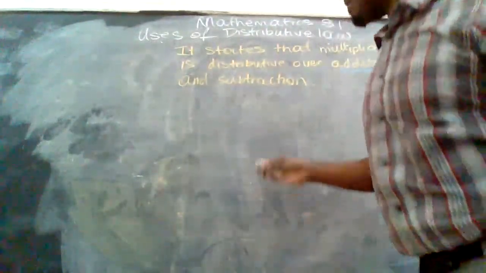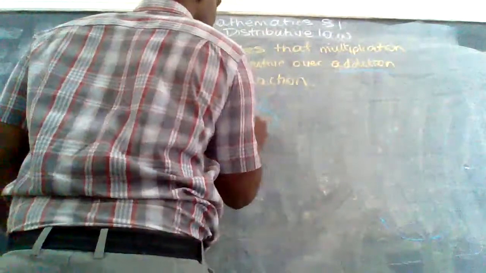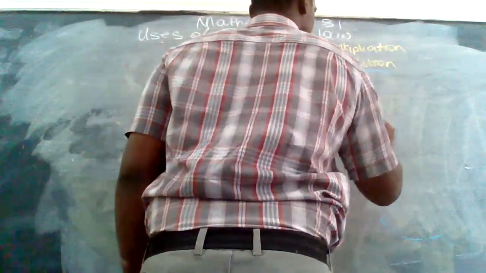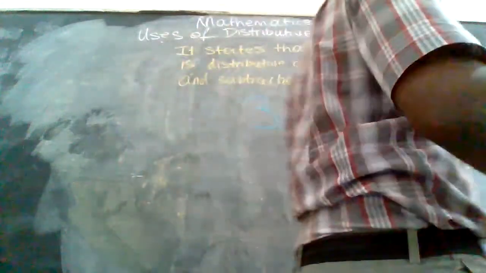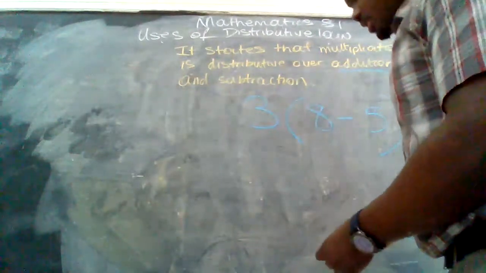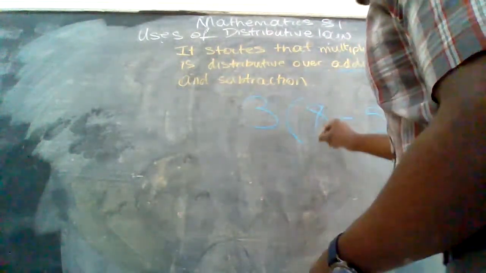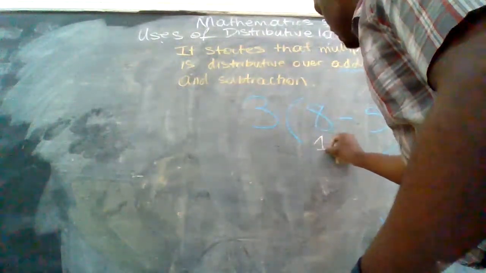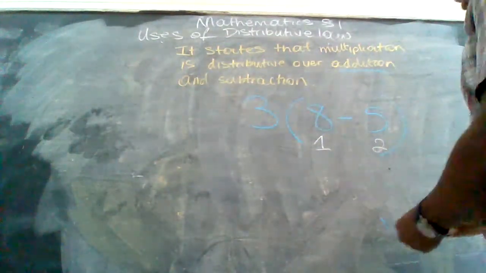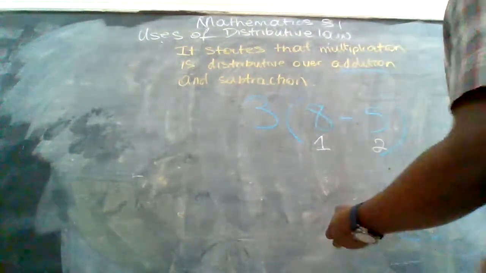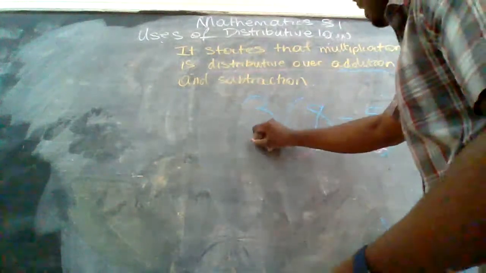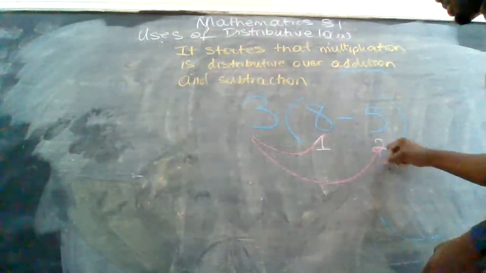So let's say that I have 3 bracket 8 minus 5. First question you have to ask, what are the first and the second term? The first term is the 8, the second term is the 5. Alright? Now, the next thing you're going to do is distribute this 3 to the first term and this 3 to the second term.